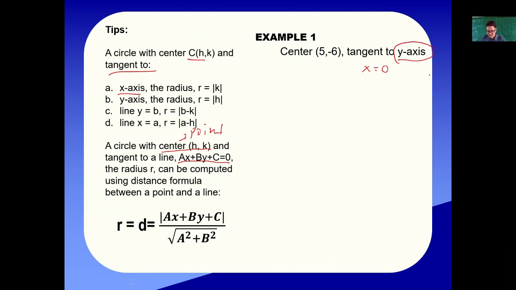Kapag y-axis, pero kapag x-axis siya, yung y natin ay 0. And our center in this example is 5, negative 6. And our x is equal to 0 because tangent to y-axis.